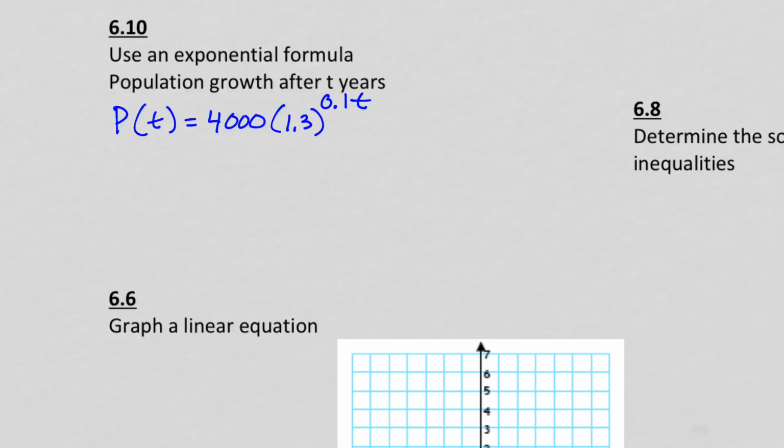And let's investigate 6 years. So that means we're going to take 6 and we're going to put it into the function or formula.